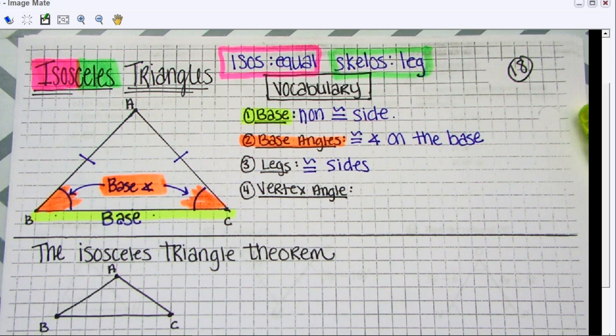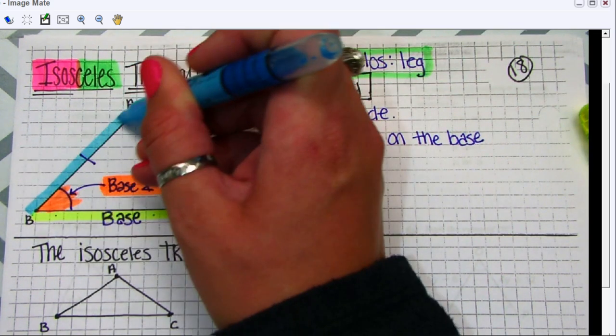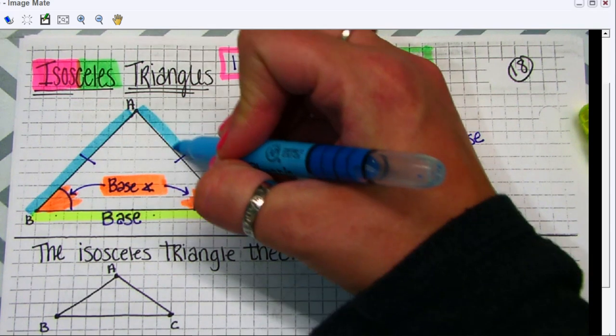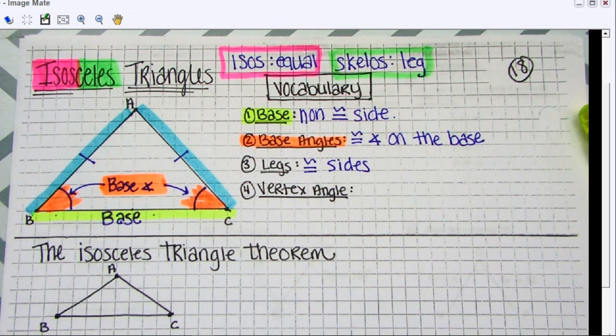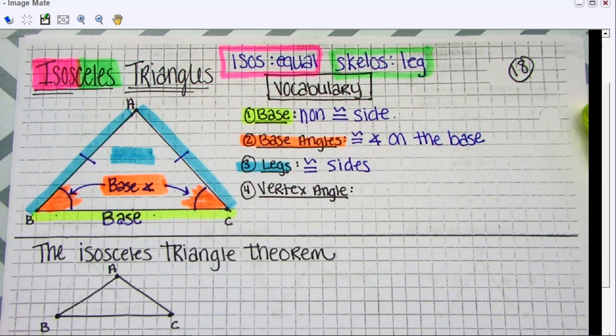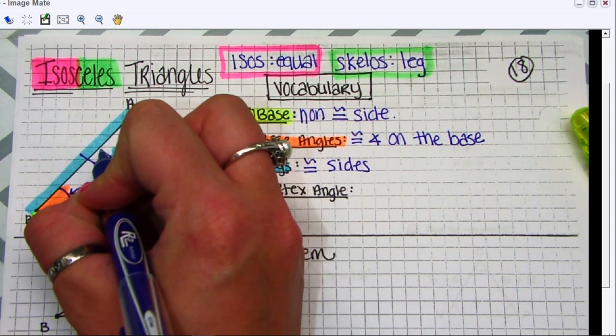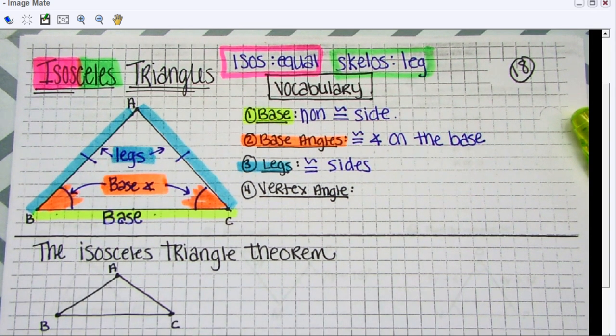We have a side here, side BA, and side AC. Those are the legs. They are always equal. And here I'm going to write legs. The legs of an isosceles triangle are always the same measurement. The legs of an isosceles triangle are always equal every time.